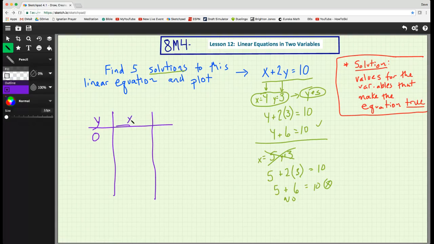I'm going to put my x here, and I'm going to say x plus 2 times 0. So we're trying y equals 0. x plus 2 times 0 equals 10. So x plus 0 equals 10. So x equals 10. So when y is 0, x is 10.